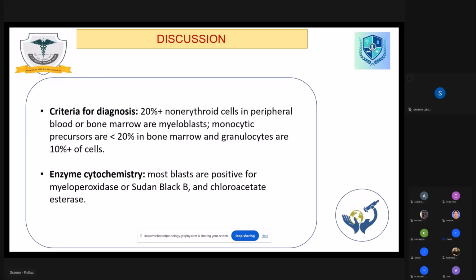The criteria for diagnosis is more than 20% of non-erythroid cells in the peripheral blood or bone marrow smears being myeloblasts. Monocytic precursors should be less than 20% in the bone marrow, and granulocytes are more than 10% of the cells. On enzyme cytochemistry, most of the blast cells are positive for MPO, Sudan black B and chloroacetate esterase.